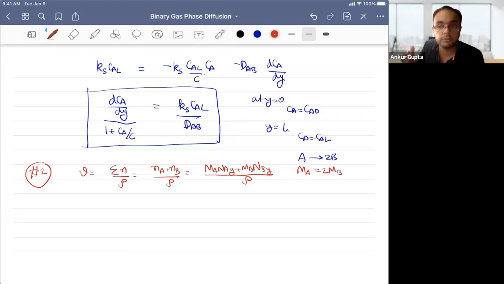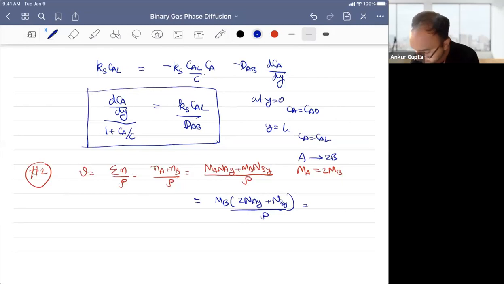So if you substitute and take M_B common, the velocity is M_B by rho times (2 NAY plus NBY). Because NAY is K_s C_AL and NBY is minus 2 K_s C_AL, it comes out to be M_B by rho times (2 K_s C_AL minus 2 K_s C_AL), and this goes to 0.